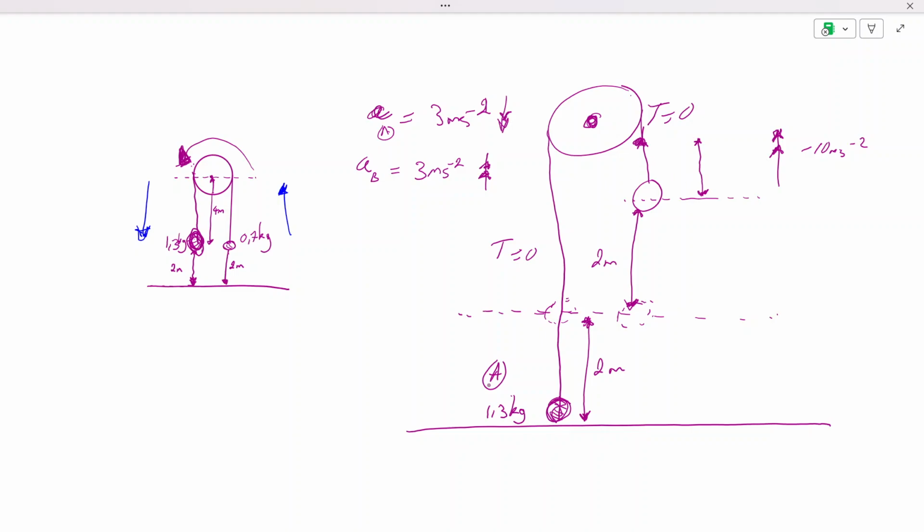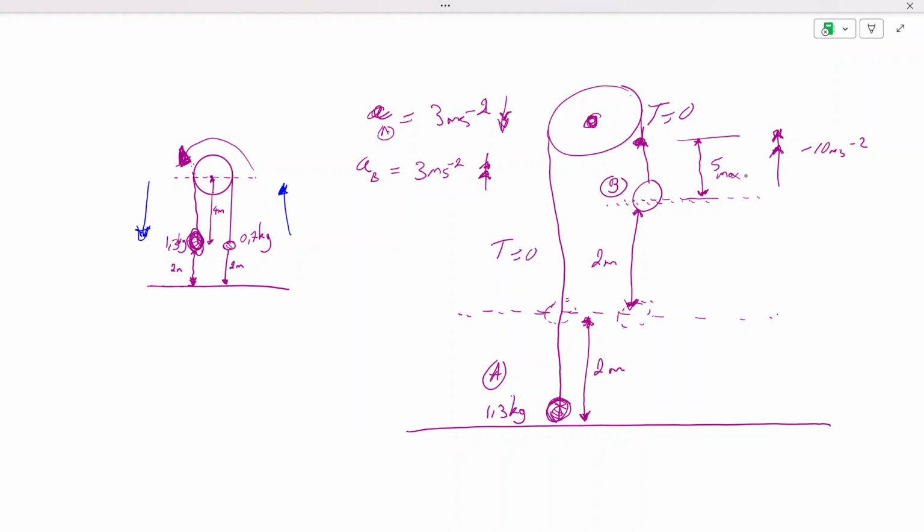So the moment A reaches the plane, B has a velocity, and it loses that velocity, that kinetic energy, as it moves up to a certain maximum height, which we don't know.